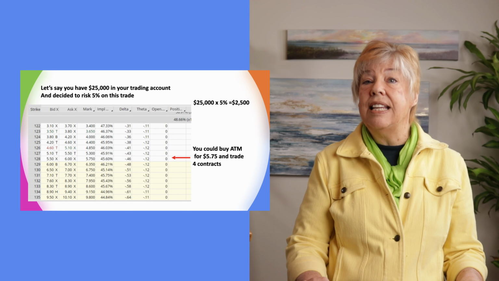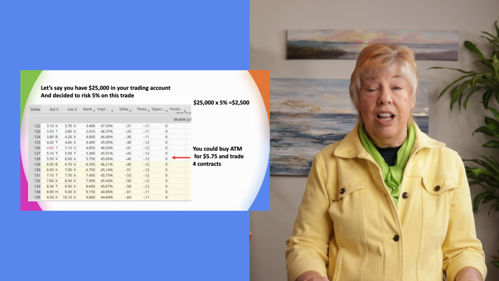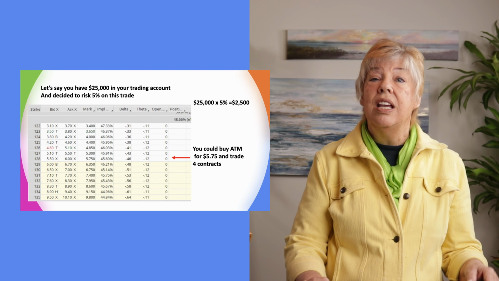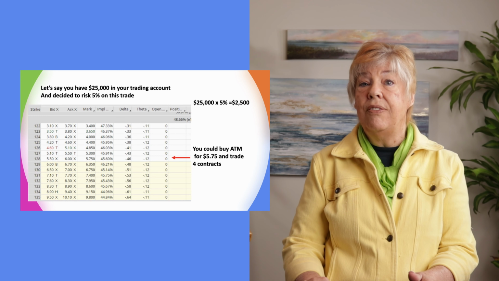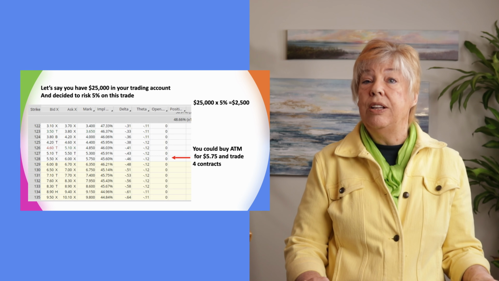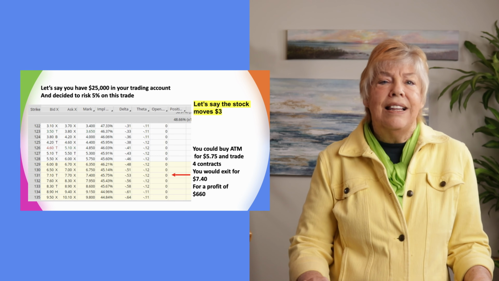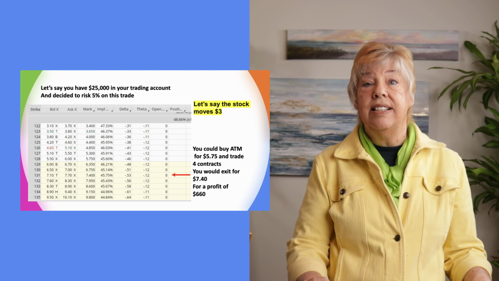So that means each contract would cost $575. If you divide that $575 into the $2,500 of risk, you can trade 4 contracts. Now let's say the stock price moves $3 in your benefit, and that means you could then sell that same strike for $7.40, making your overall profit $660.